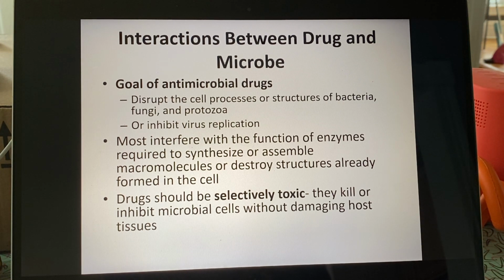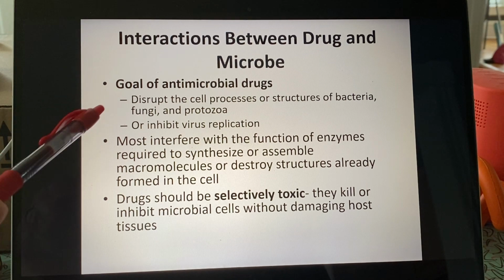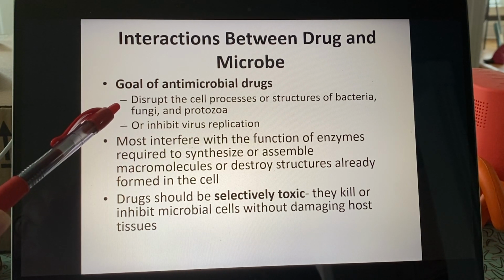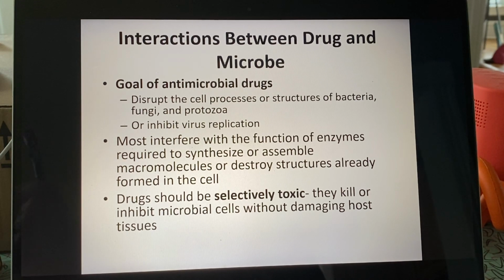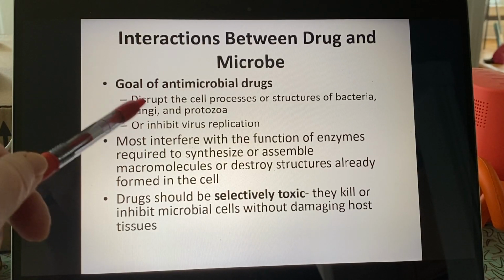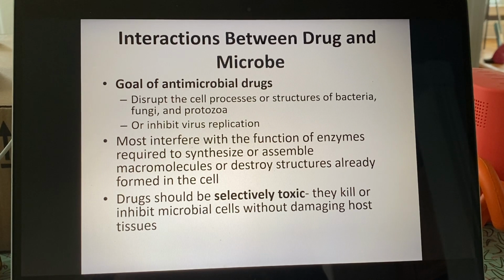Now, the problem with fungi and protozoans and worms, keep this in mind, is that these are eukaryotic, meaning that they are just like your cells. So you can't attack the DNA and the ribosomes of fungi, because you're going to be destroying your own DNA and your own ribosomes. So fungi, protozoans, helminths, anything that's eukaryotic, presents a special challenge.